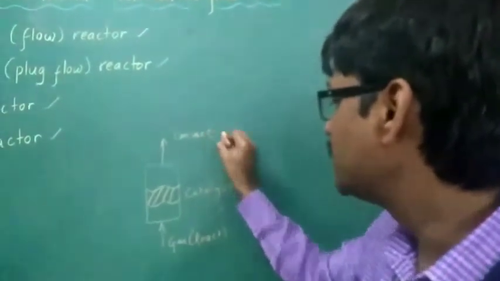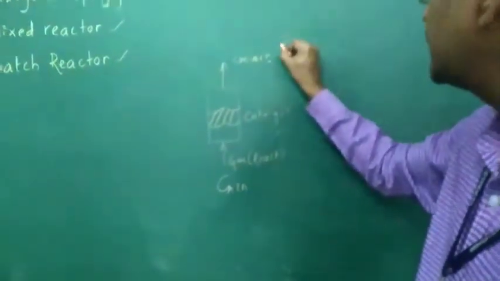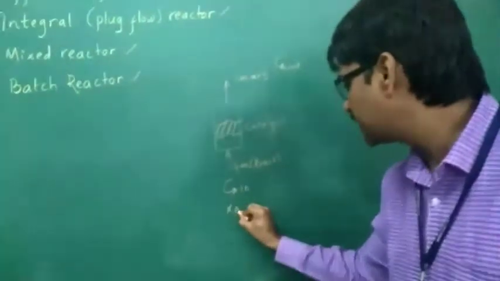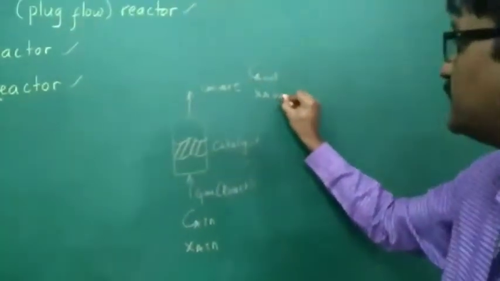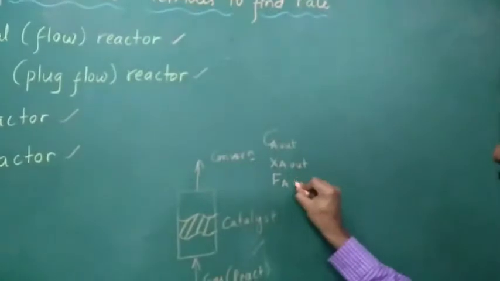So if you see, it is Ca in, here it is Ca out, here it is Xa in, Xa out, and here it is Fa in and Fa out.